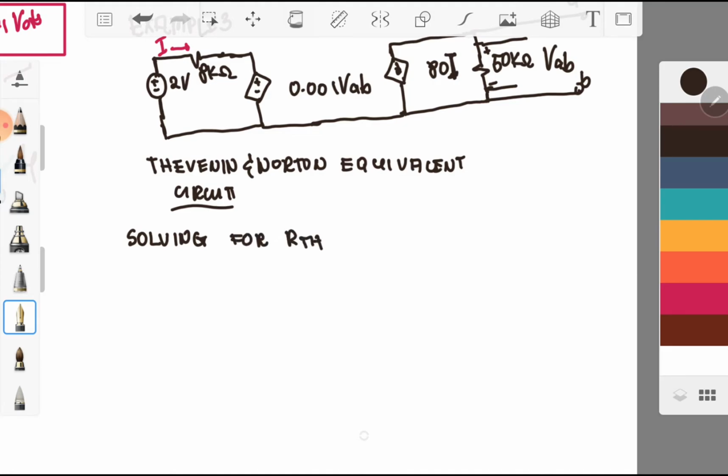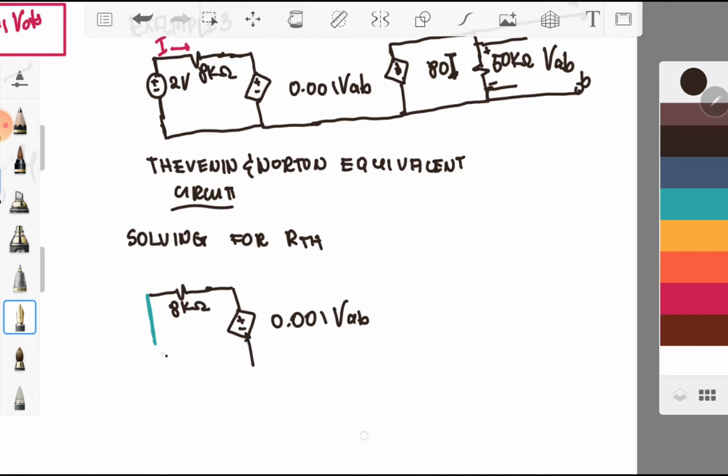So, solving for RTH, how will we solve this one? So, gaya ng dati, short natin yung independent source. So, we'll have the independent voltage source that is shorted. Okay? And then we have an 8 kilo ohm resistor. And then, you have our positive, negative, 0.001 VAB.